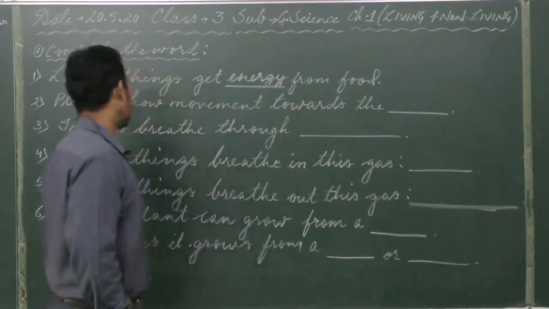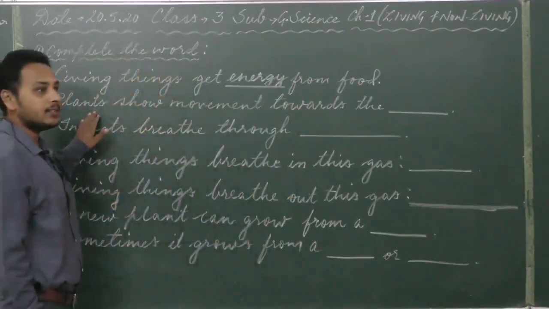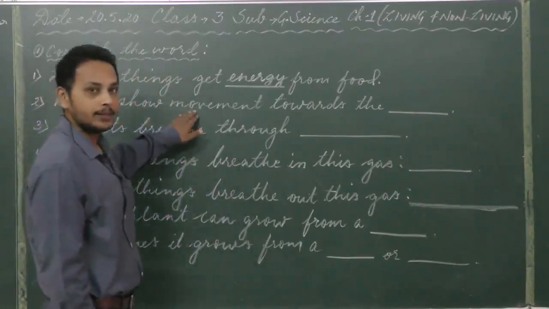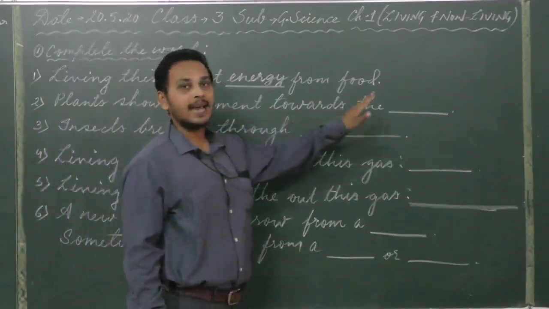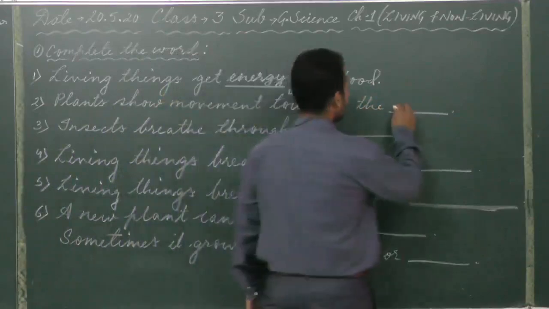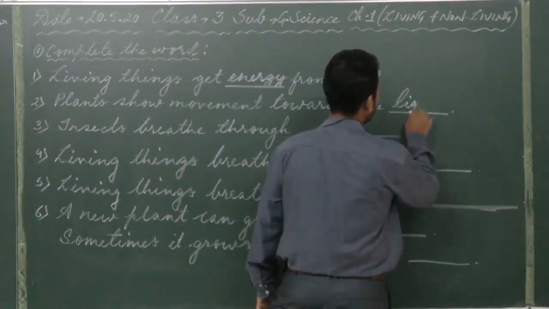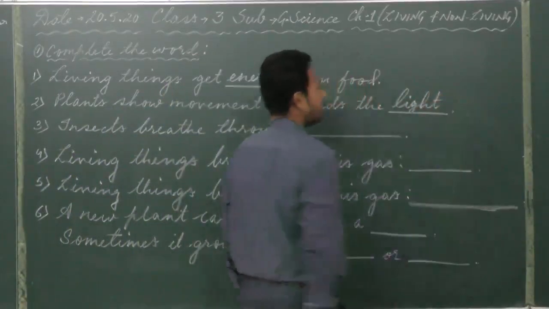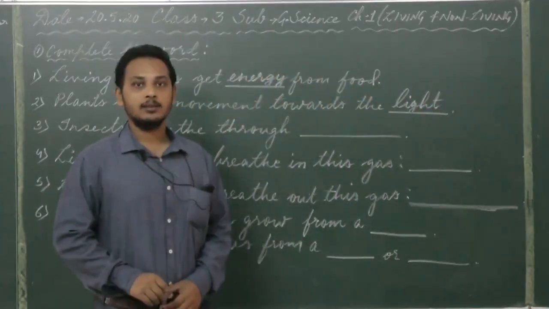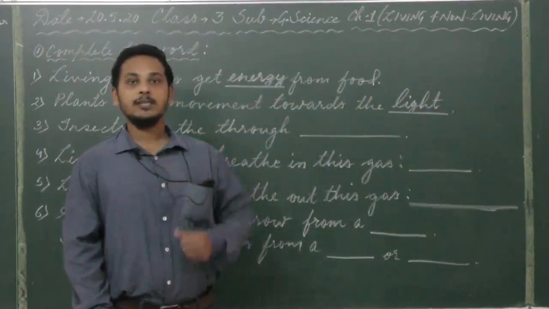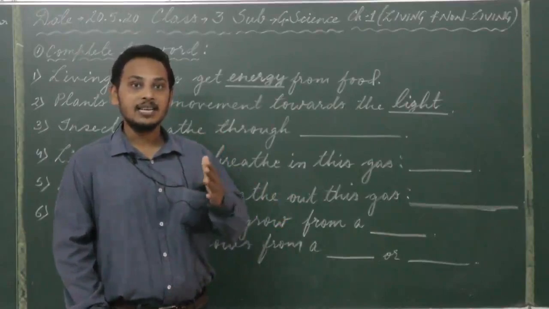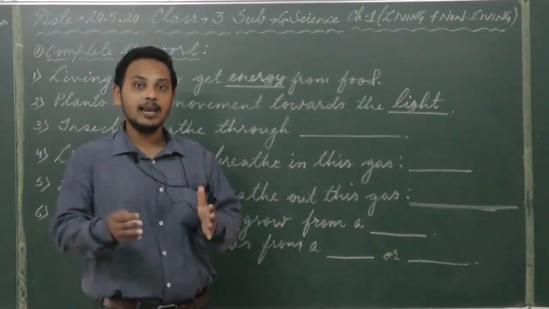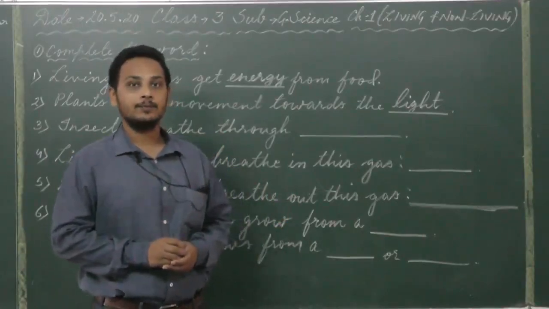Then the second question is, plants show movement towards the dash. The answer will be light. L-I-G-H-T, light. Light means sunlight. I told you yesterday that plants, they need sunlight. They use sunlight as their food.